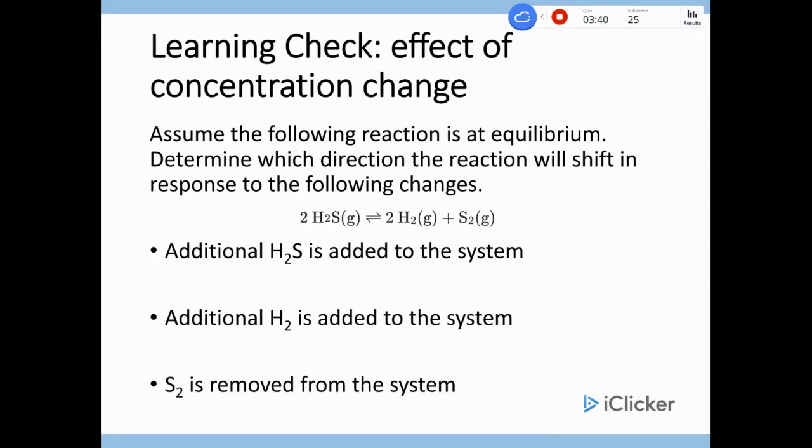One more minute, and then I'll close it. So it's added to the system, so it means it needs to go to the right. Then that's added to the system, so it needs to go to the left. And then it needs to go to the right. So that also means it needs to go to the left.